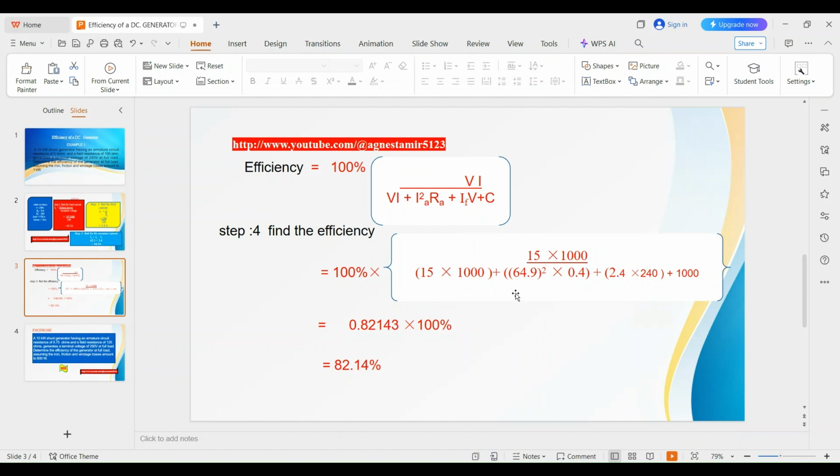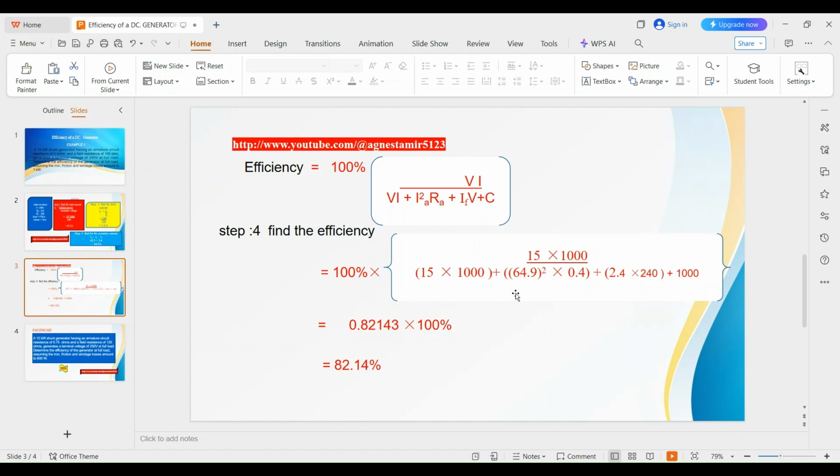When you take your calculator and key in all those values, you shall get 0.82143 multiplied by 100%, and our efficiency will be equal to 82.143%.